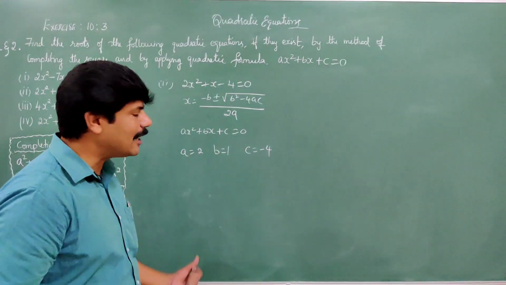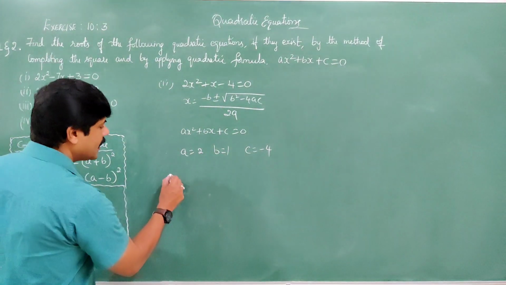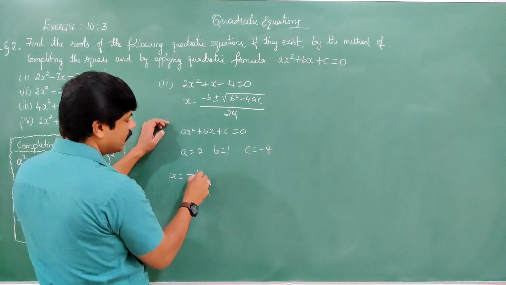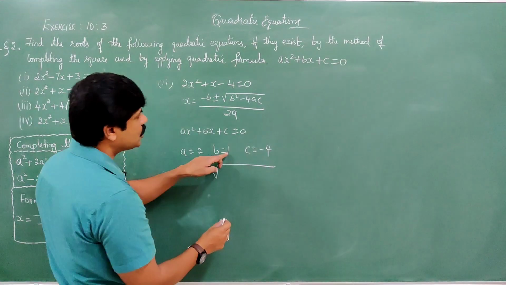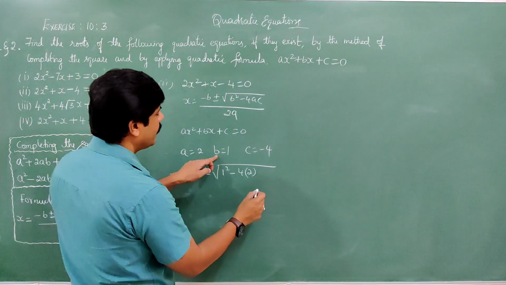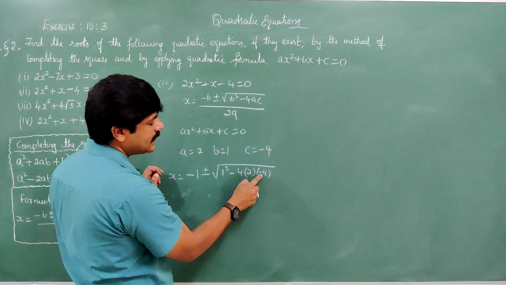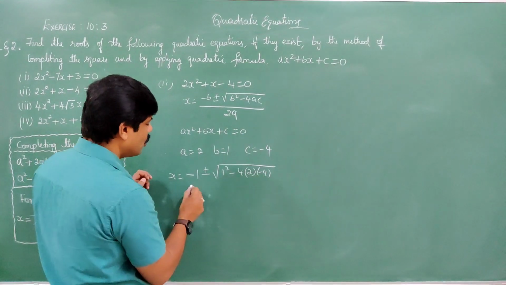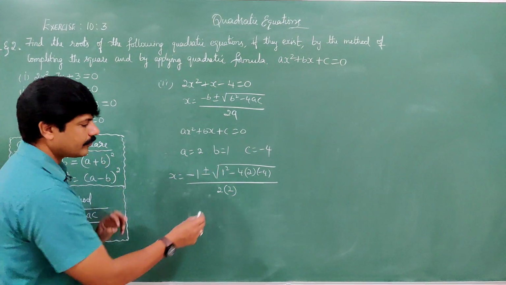You have got the values of a, b and c. Now directly substitute in this formula. x = minus b, which is 1, plus or minus the square root of b², which is 1², minus 4 times a, which is 2, times c, which is minus 4, whole divided by 2 times a, which is 2.